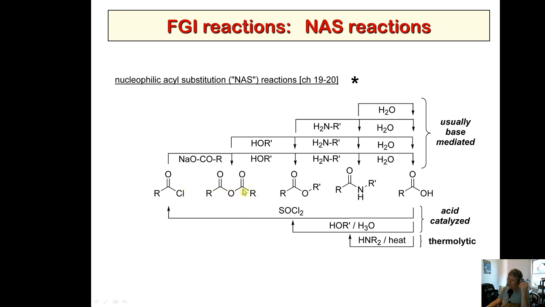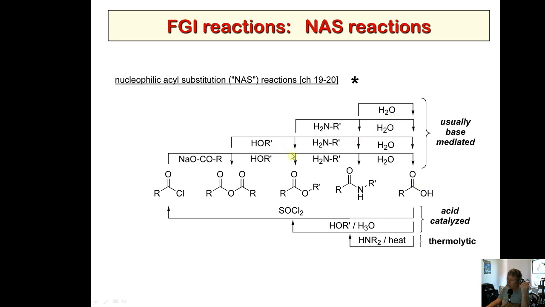So if I want to make an anhydride, I use sodium carboxylate, and alcohols and amines make the esters and the amides. If I want to take the acid chloride all the way to a carboxylic acid, it's kind of a boring reaction. But yeah, water does that because this is such a reactive functional group, a strongly electrophilic thing, and water will totally do that.